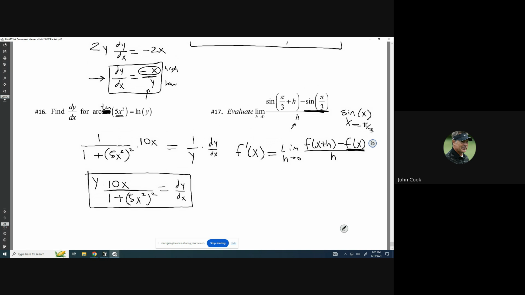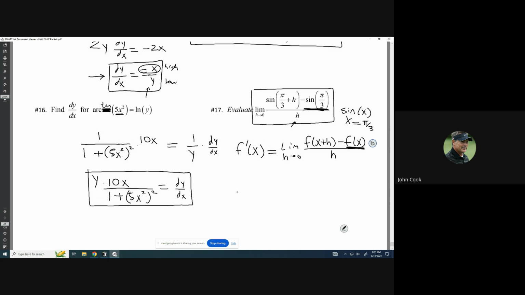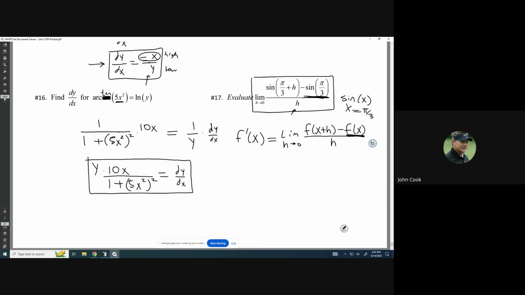And overall, this thing is the limit definition of a derivative. So just by noticing that, it's asking you to find the derivative of the function sine of x at x equals pi thirds.